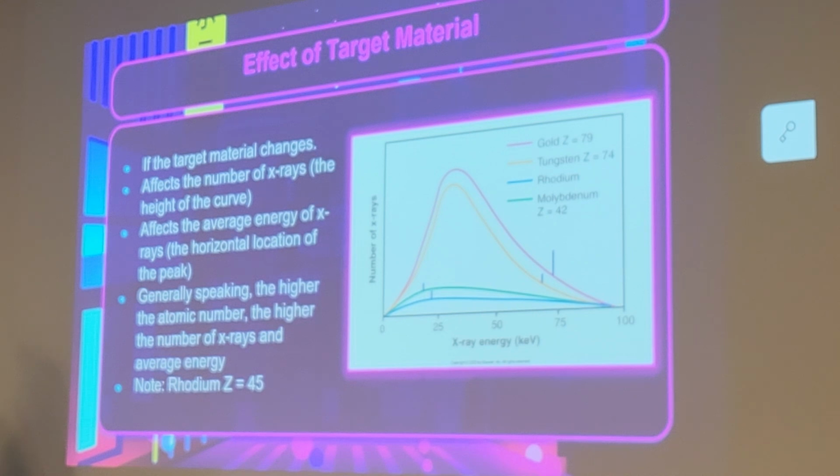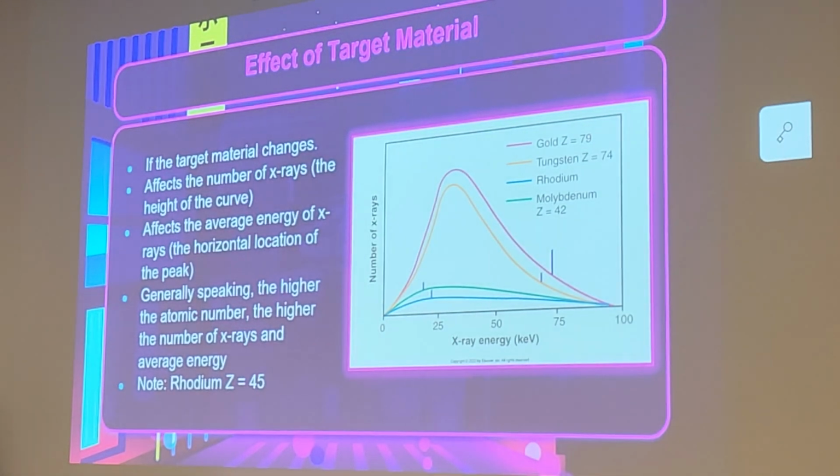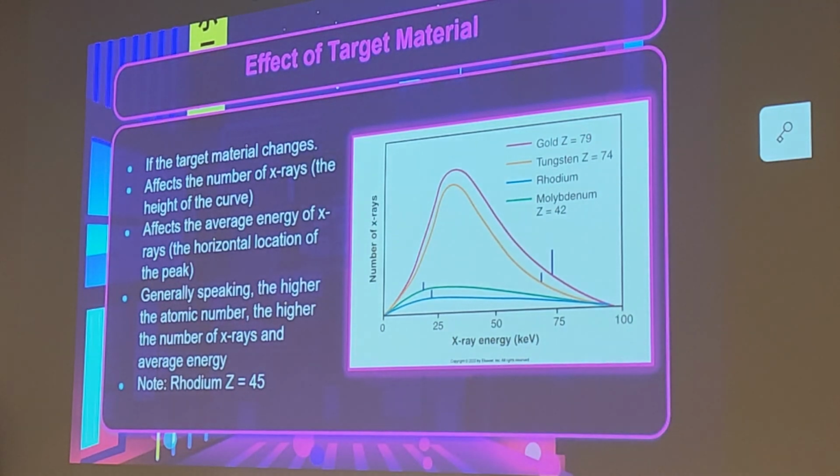Is gold common? I feel like the melting point for gold is probably lower than tungsten. All right, very good. As you can see, gold is actually even better than tungsten at producing X-rays. But why do we not use a gold target instead of a tungsten target? It's expensive. No, it's not because it's expensive, tungsten's expensive.